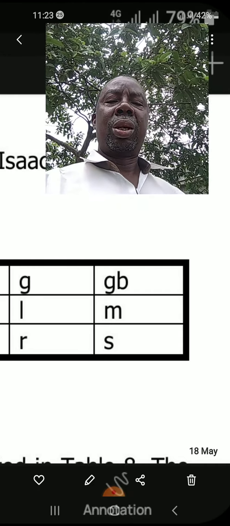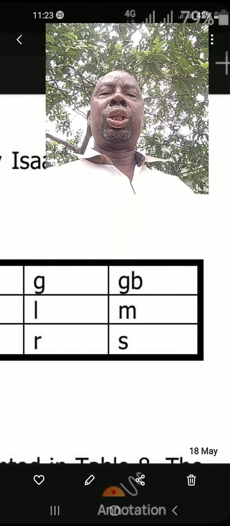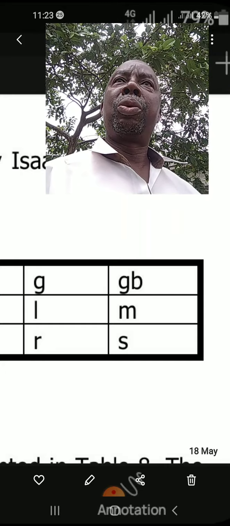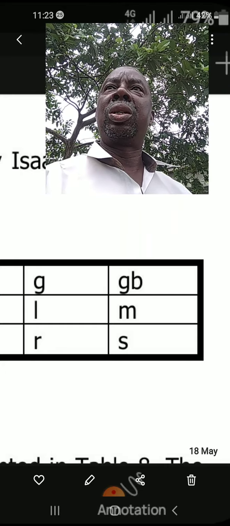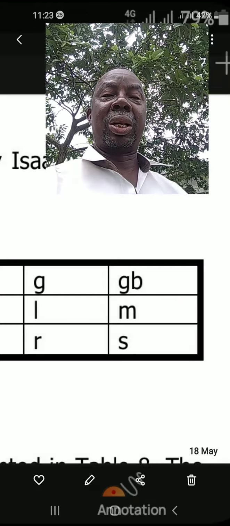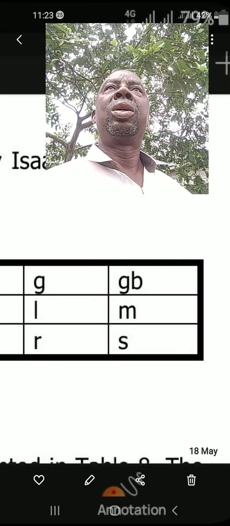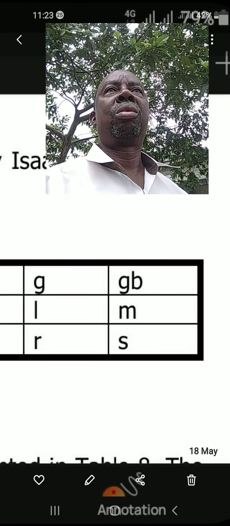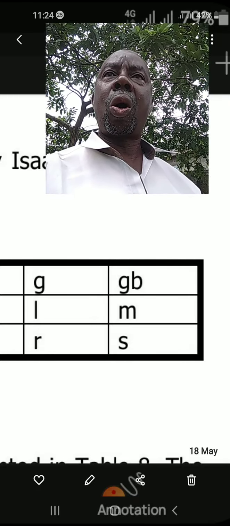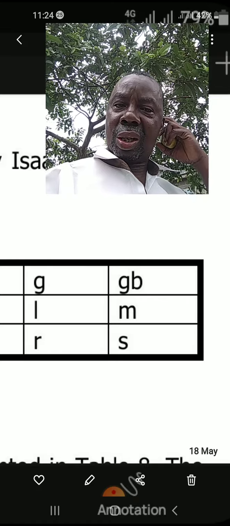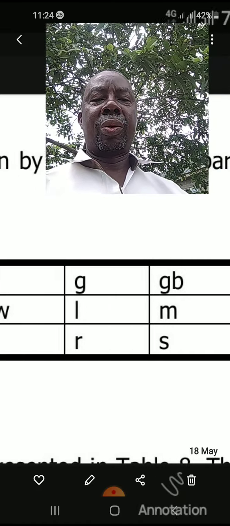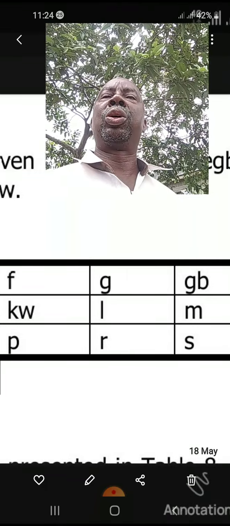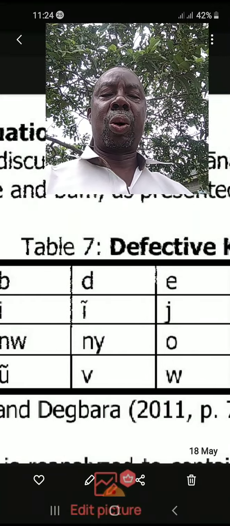So, in this case, GB here, which as you can see is presented as a digraph here, makes up a special sound in the language. They don't make up the digraph of this language because G occurs in isolation here, and B also occurs in isolation here.